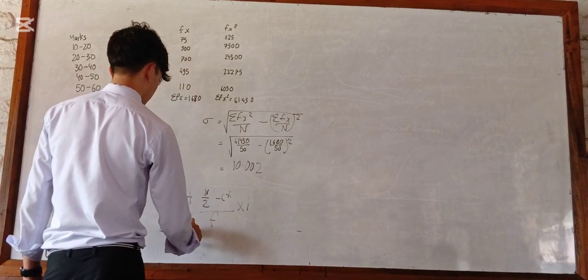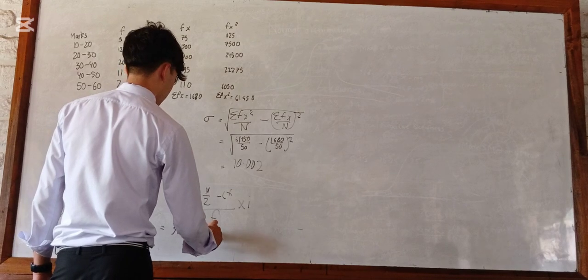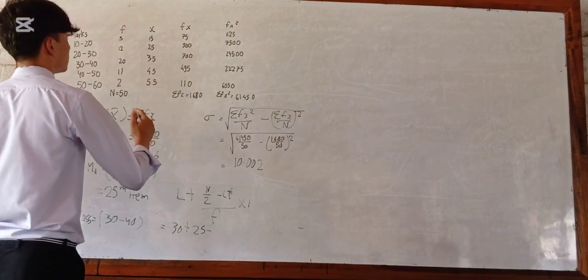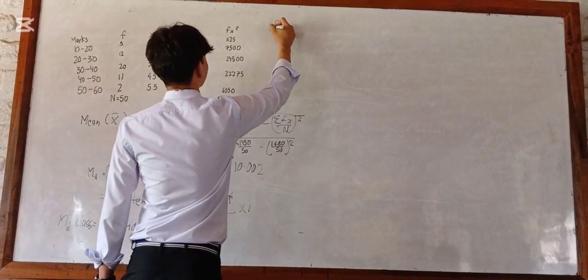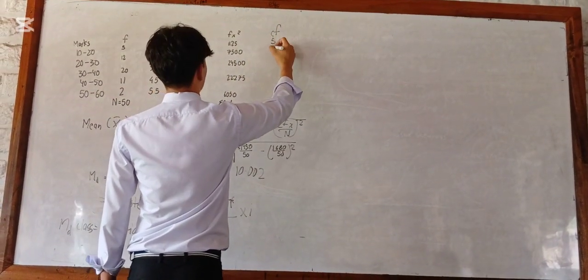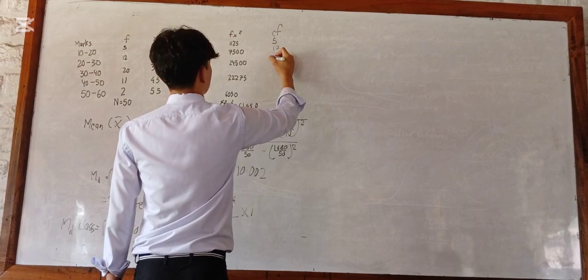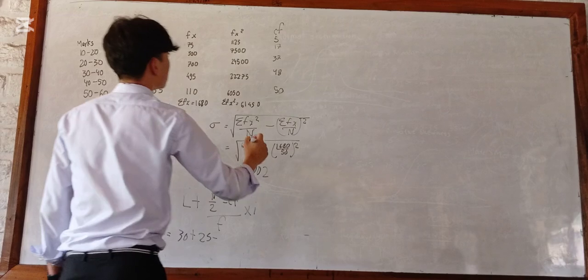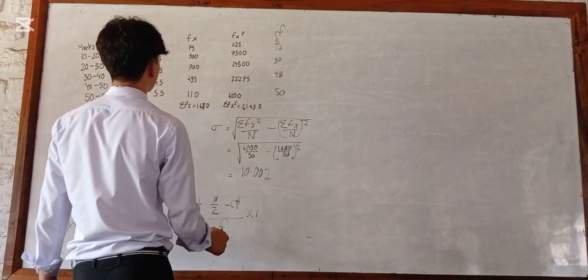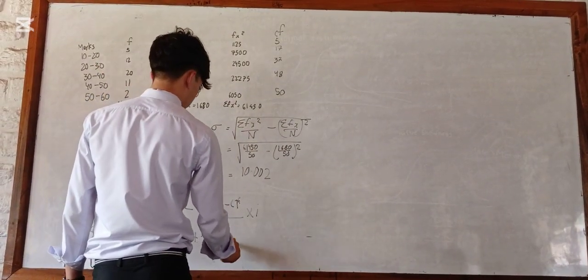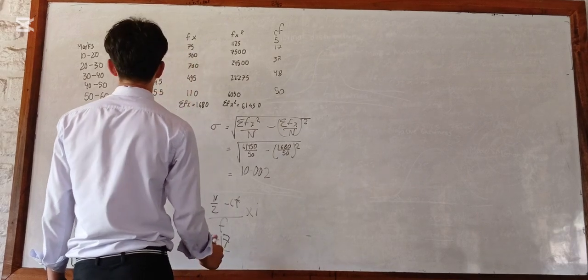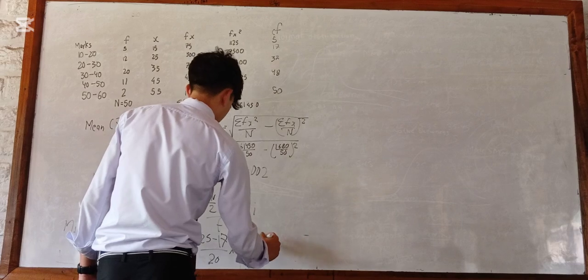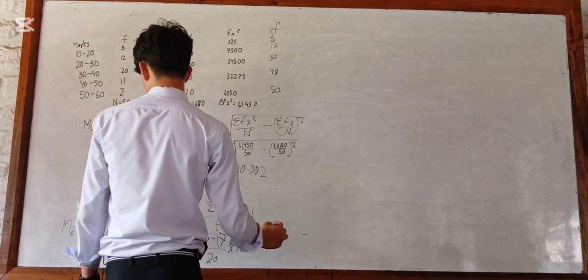L is 40, n by 2 is 25, and the cumulative frequency is the preceding term, that means it is 17. The frequency is 20 and i is 10. And the median is 44.